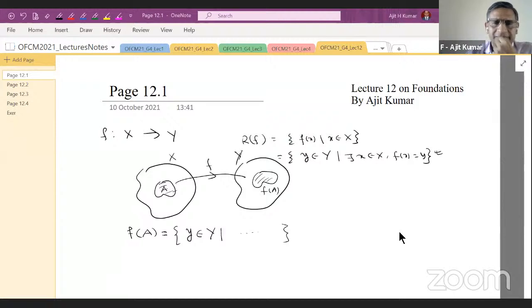You want to collect all those elements in Y with some property. For the particular case of A being X, we already know.